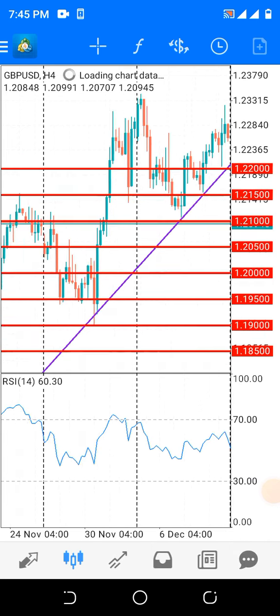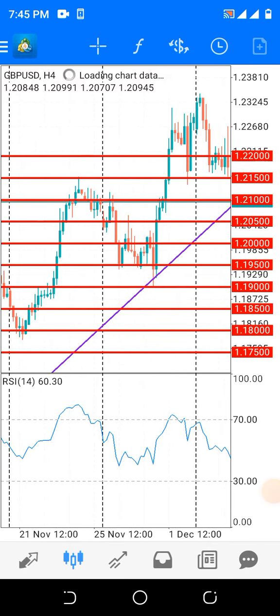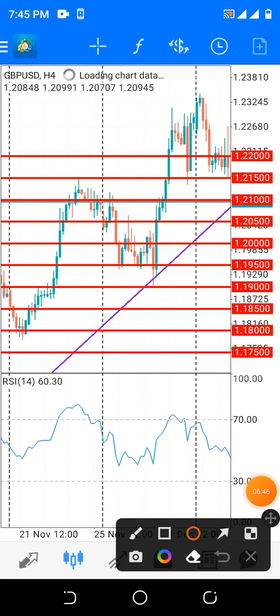So understanding the psychological level of a particular pair gives you an edge to knowing what is happening. Look at this psychological level here. See how the price obeys it. Look at this psychological level serving as a resistance. Now look at another psychological level here.